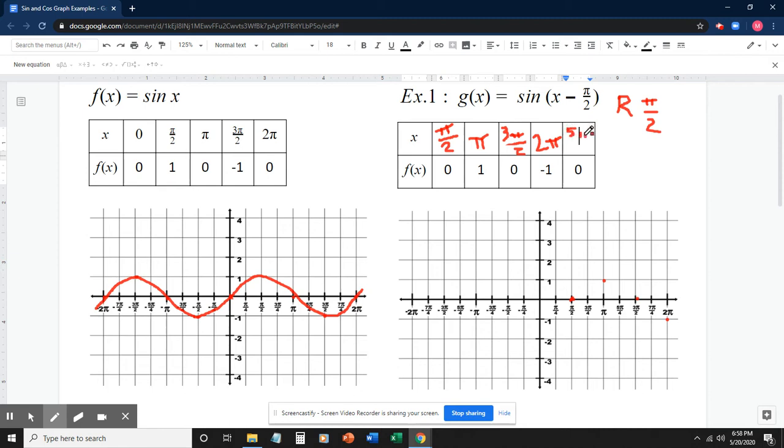or 5 pi over 2. Okay, so that'd be over here and back to where we started. And so there is sine shifted over to the right by pi over 2. Now to fill in the rest of the graph, which you should do because it gets you again comfortable with that pattern, just follow it.